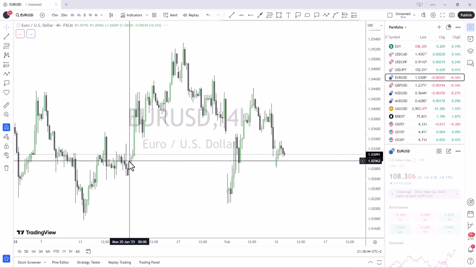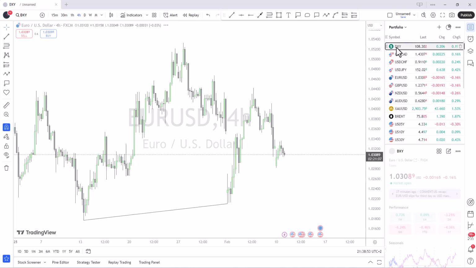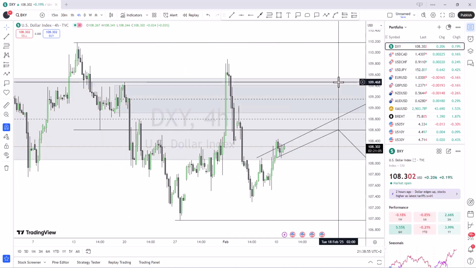So bullish on Euro USD and the rest, and then shorts on USD CAD and the rest of the crew. So yeah, that's pretty much about it. It's a rough approach, but I'm sure you can get some insights on how you can approach the markets.